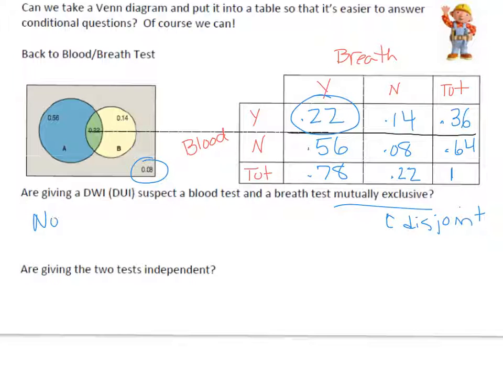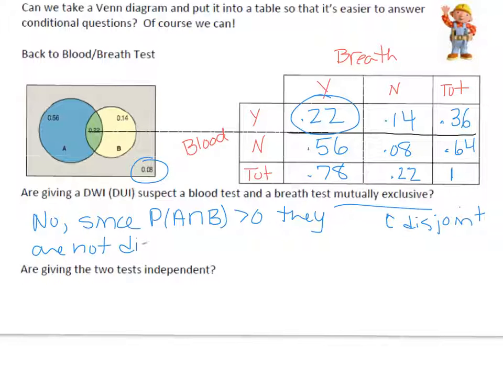So the answer to this would be no, since P of A intersect B is greater than 0, they are not disjoint. And again, don't get that confused with independent, because that's the second question. Are giving the two tests independent of each other?